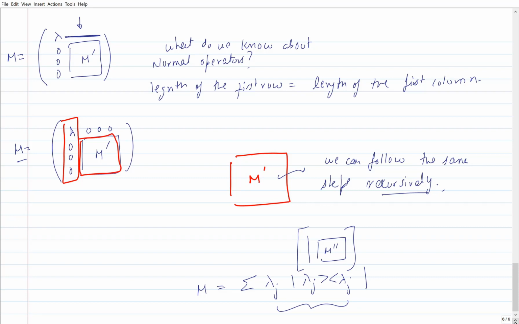So starting from the condition M dagger M equals M M dagger, it implies that there exists a spectral decomposition for all normal operators. This is kind of going to be important for us, so it was nice to go through this sort of a proof.